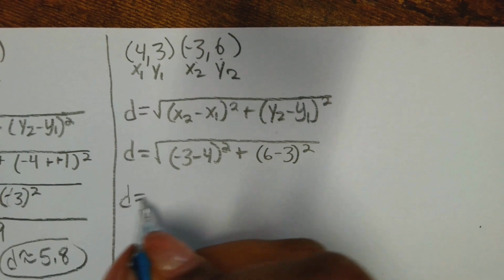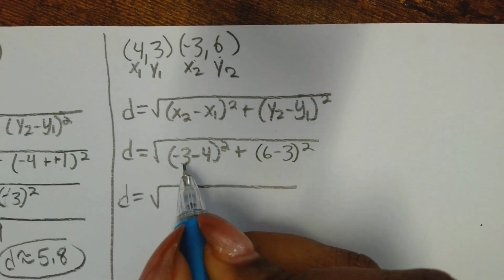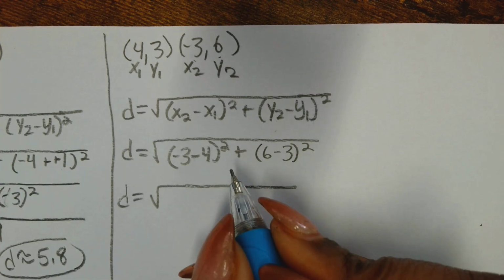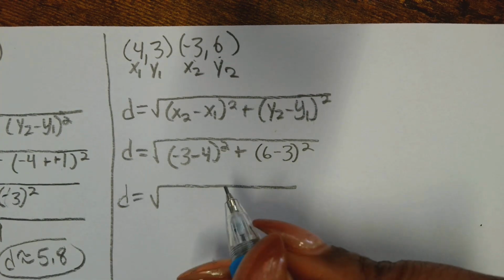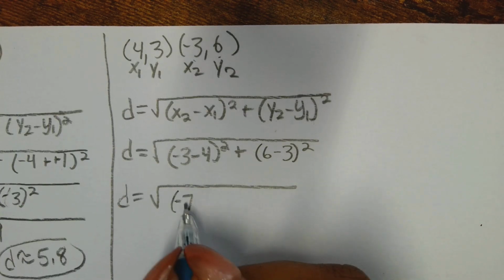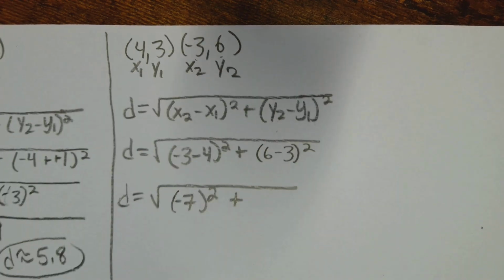Then we have d is equal to the square root. In the parentheses, what's negative 3 minus 4? Negative 7. Square it. Plus, you change it to plus a negative. Okay?